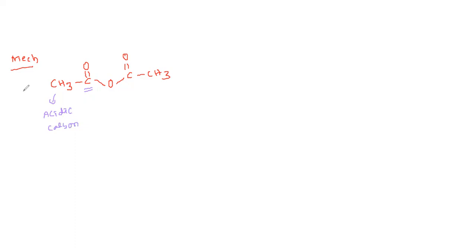The next carbon is always neutral. The carbon directly attached to the electron withdrawing group we call the acidic carbon. These hydrogens are acidic hydrogens. How many acidic hydrogens are there? Three.